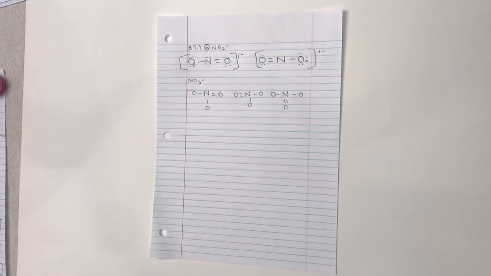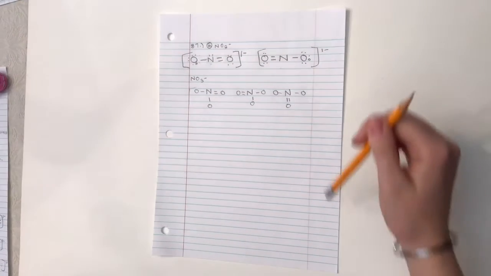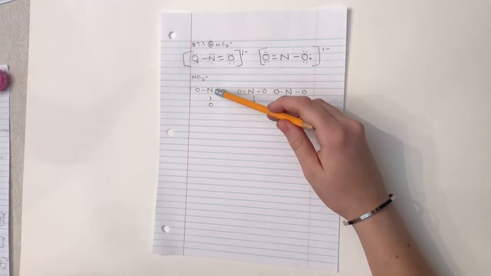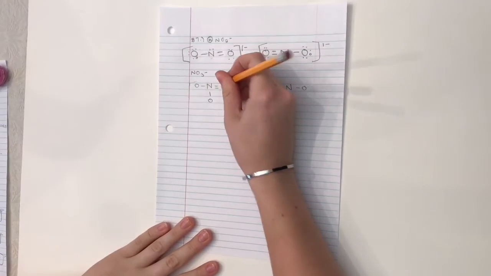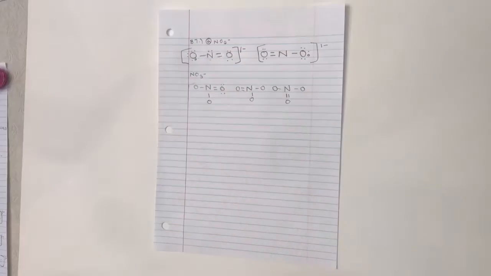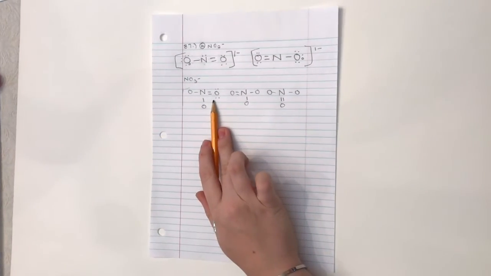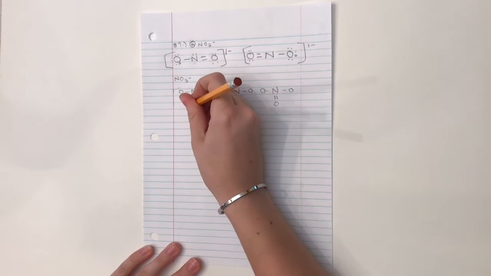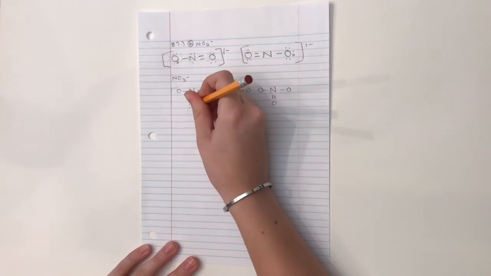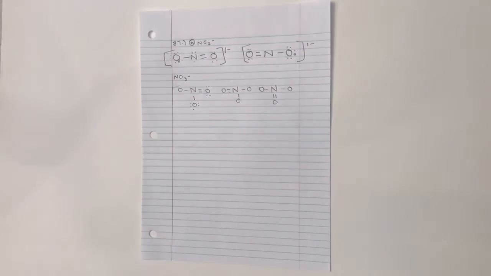NO3- is going to have 3 resonance structures, moving the double bond from each O. The double bonded O is going to have 4 lone electrons because that fulfills its octet rule. But each single bonded one will have to gain an electron from somewhere else because that does not fill the octet rule.